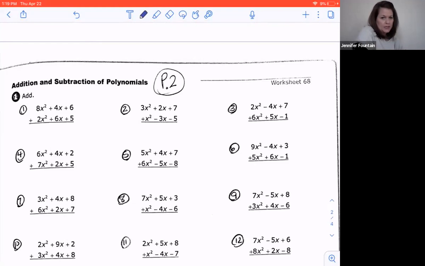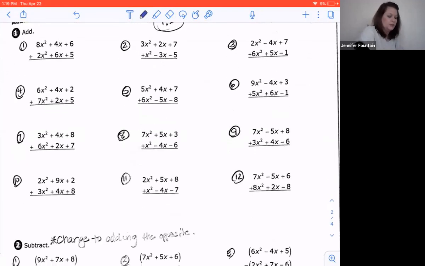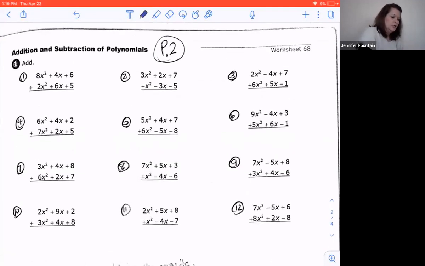Let's do 1 through 3 together. And then I will assign numbers 4 through 9, and then we'll have 10 through 12 as bonus. Okay, so we'll work these together right now. My middle 2 will be homework, and my last row will be bonus.